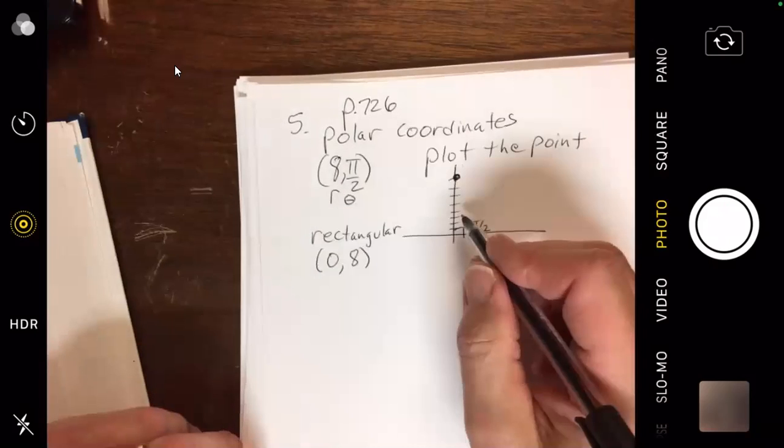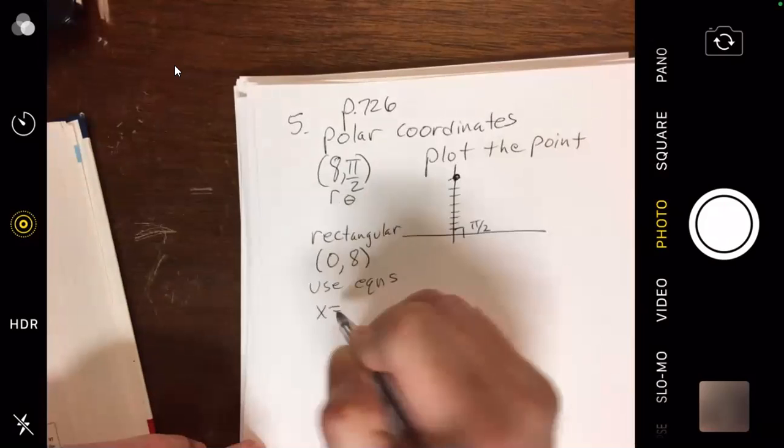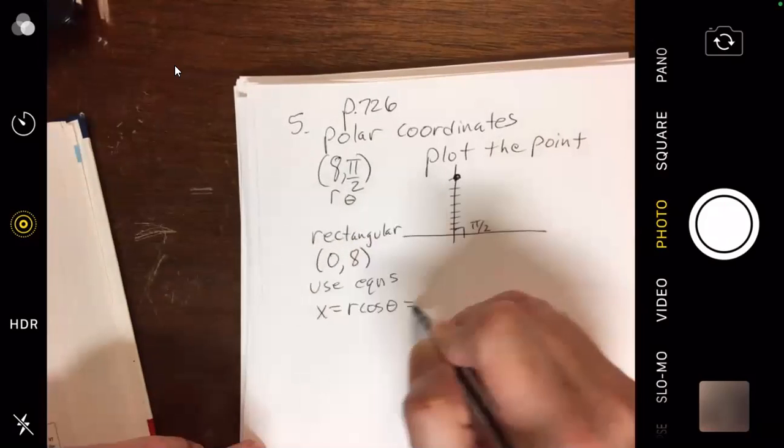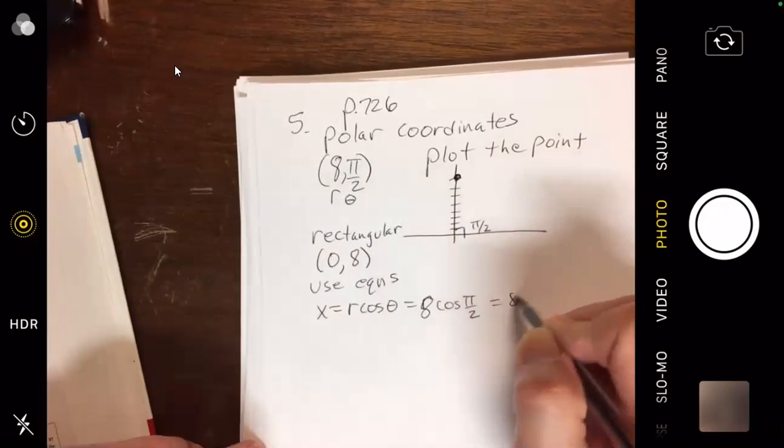But if you want to use the equations, x equals r cosine theta, which is 8 cosine pi over 2, which is 8 times 0, which is 0.